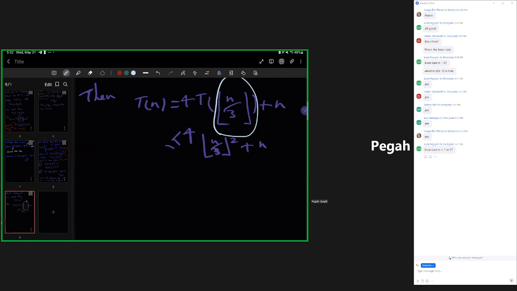Again, you need to write here that I consider this by the induction hypothesis, with k equal to n over 3. This is something you need to write.